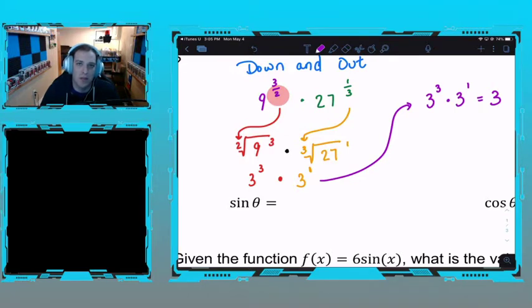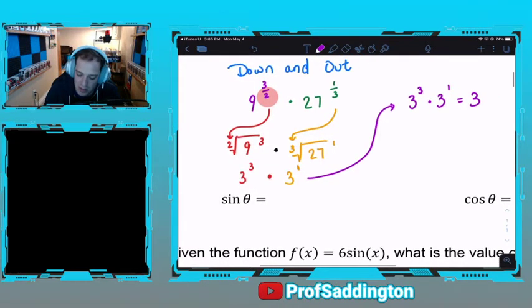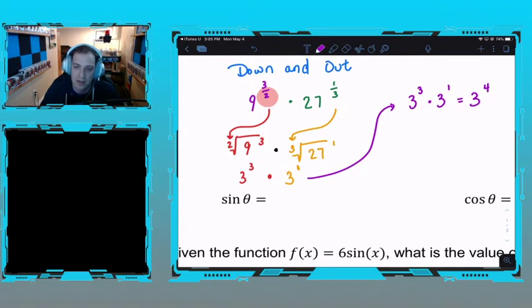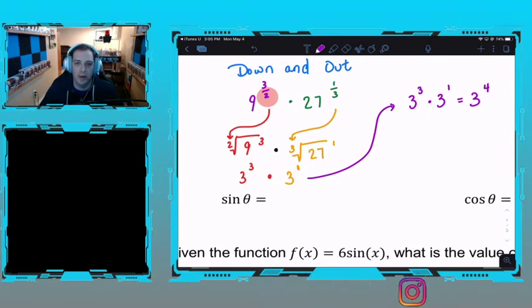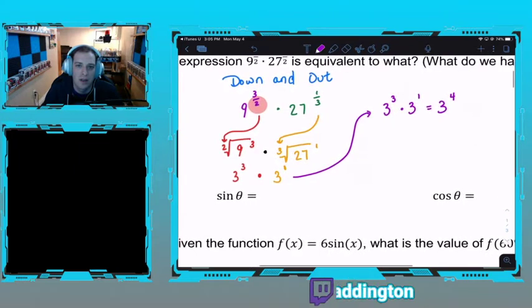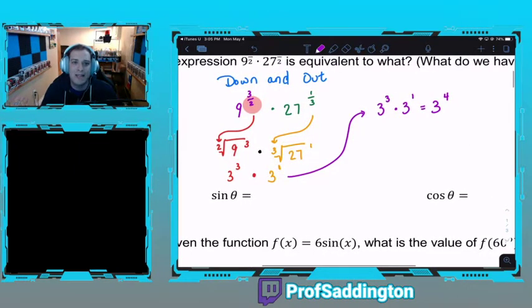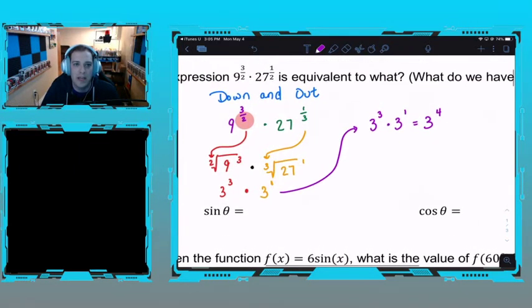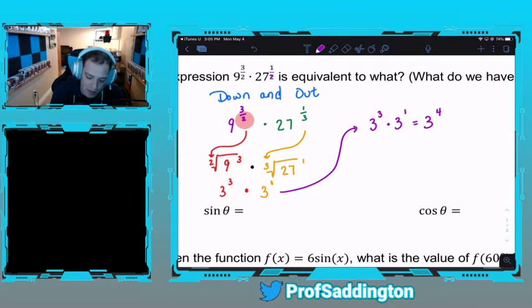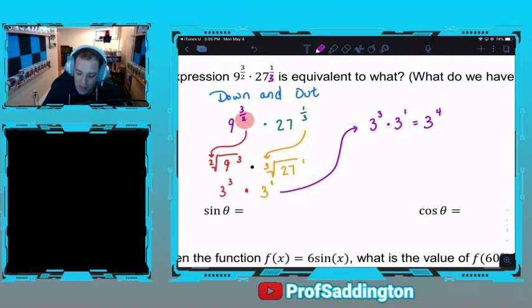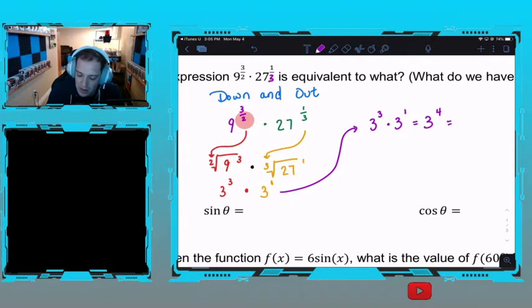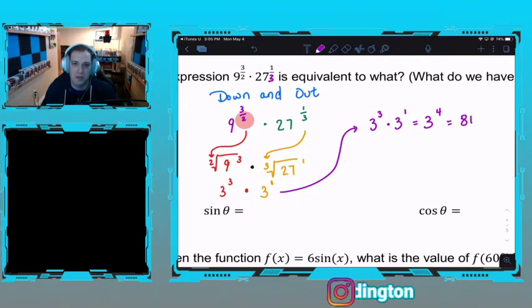Well, when we multiply with exponents, that just means we add them together. So this is the same thing as saying 3 to the 4th power. So that has the same equivalence to what we began with. Well, except that's supposed to be a 3, because like I said, I made a mistake. And 3 to the 4th power, if we were to actually solve it out, just comes out to be 81.